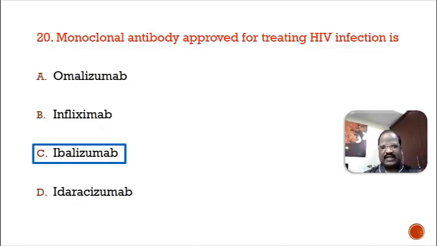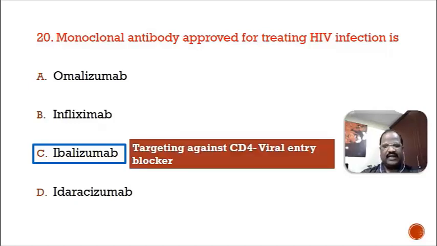What is ibalizumab? It's a monoclonal antibody targeting CD4 cell, thereby inhibiting the entry of virus into CD4 cell. It is called a viral entry inhibitor.